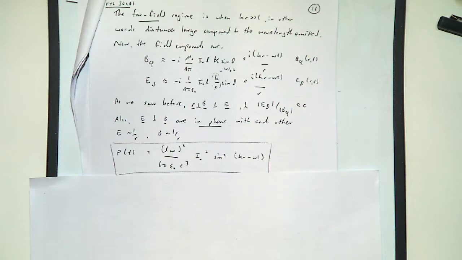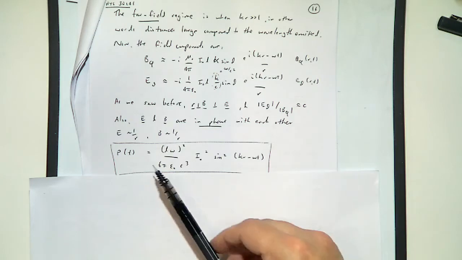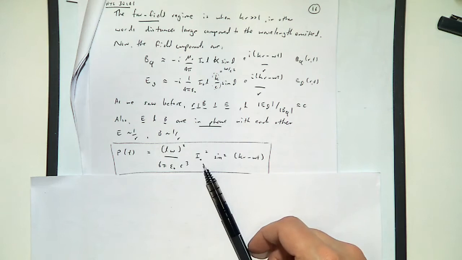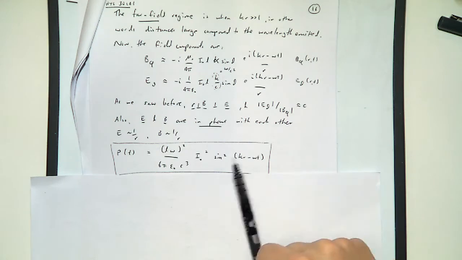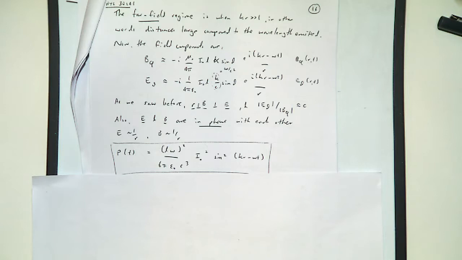And the total amount of power can be written down, rather than in terms of the charges moving, in terms of the current, but we see the same basic behavior. We see this prefactor 6 pi epsilon naught c cubed. We see that the power emitted is proportional to the current squared, same thing as the charge squared, isn't it?